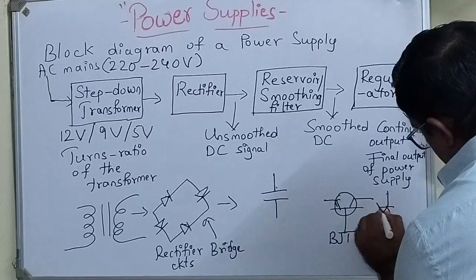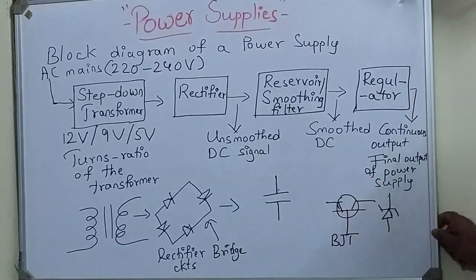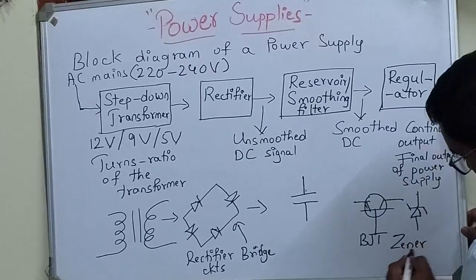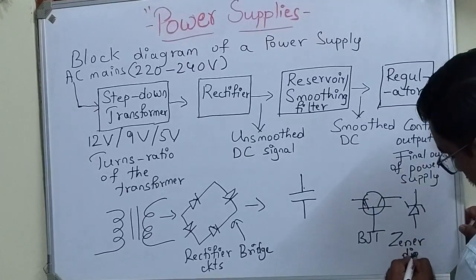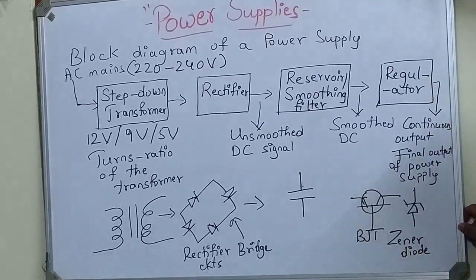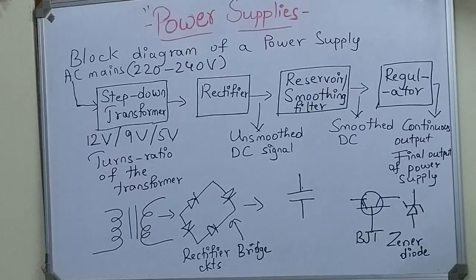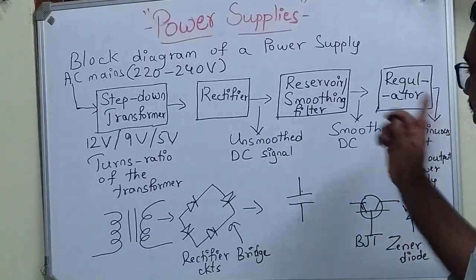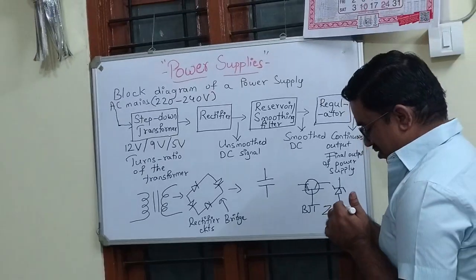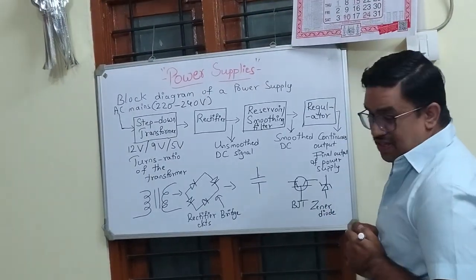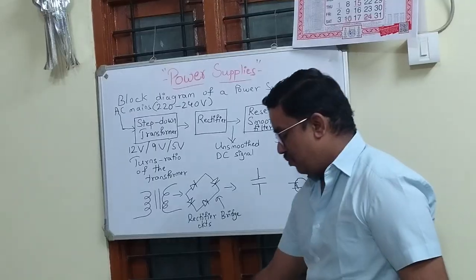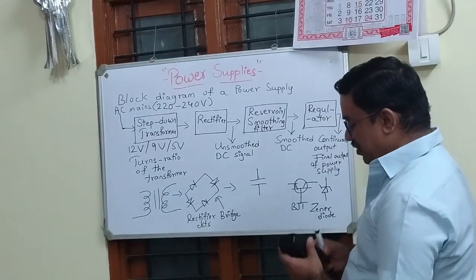In this case it's a Zener diode. A BJT followed by a Zener diode gives you a regulator circuit. So these are some different components used for these different blocks. Next we will be looking into one of the simplest rectifier circuits.